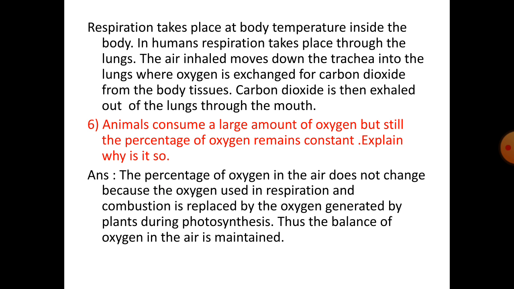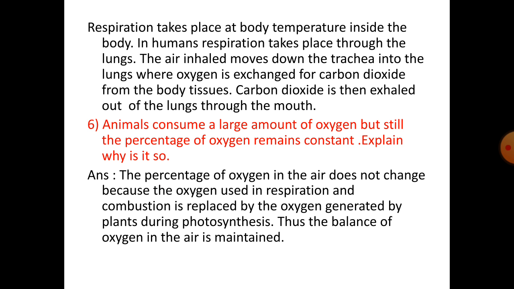Respiration takes place at body temperature inside the body. In humans, respiration takes place through the lungs. The air inhaled moves down the trachea into the lungs, where oxygen is exchanged for carbon dioxide from the body tissues. Carbon dioxide is then exhaled out of the lungs.